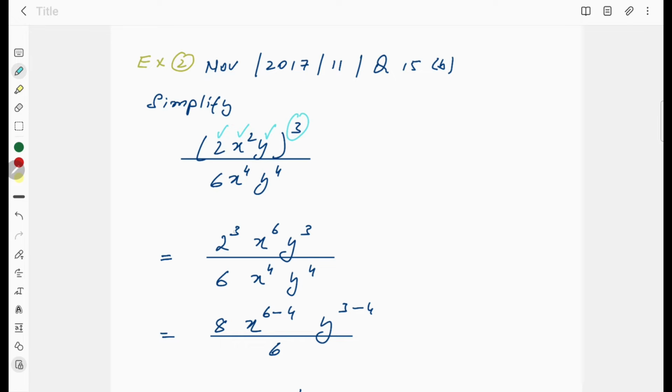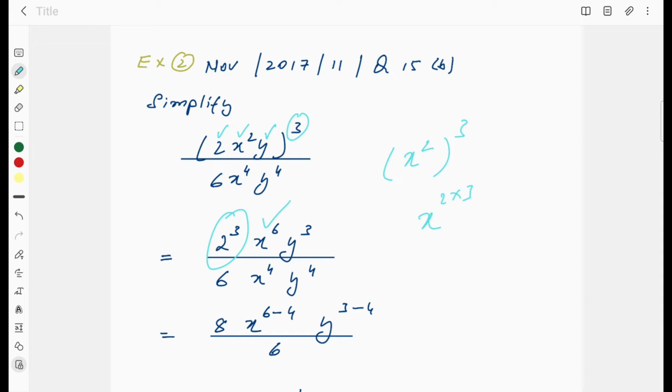So this will become 2 raised to the power 3. And power raised to the power get multiplied, like when x square is raised to the power 3, then power raised to the power get multiplied. So you will get x power 6. Likewise, this 3 will come on this y, and this become y power 3 in the numerator. The denominator remain as it is already simplified.